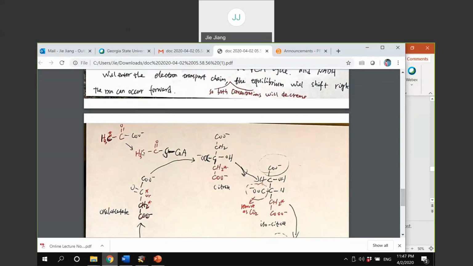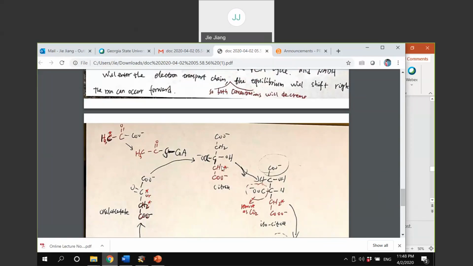You label this carbon, and you have the old oxaloacetate. This is acetyl-CoA, and I forgot the star should be here. So the carbon is labeled, and with oxaloacetate, a condensation reaction forms. The acetyl group is added to the oxaloacetate, right?